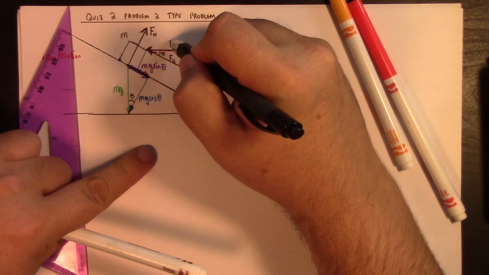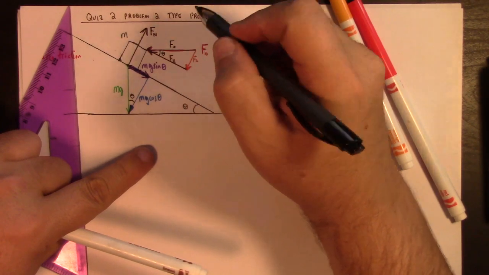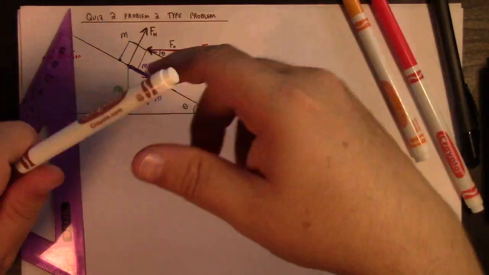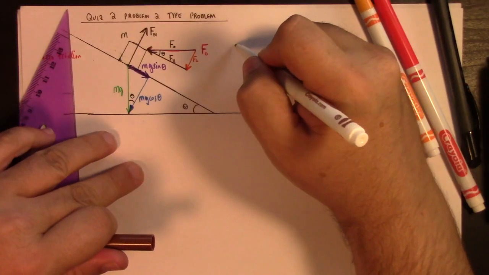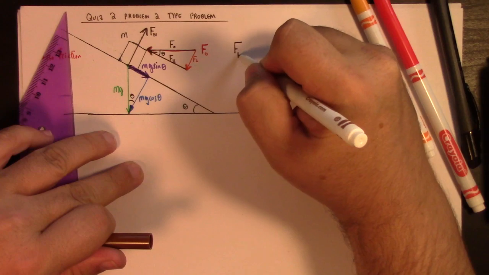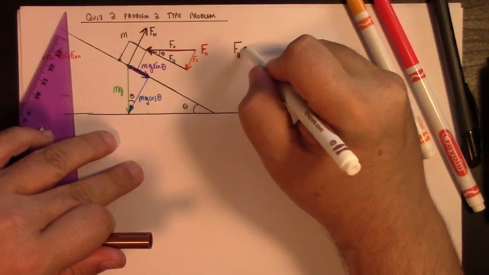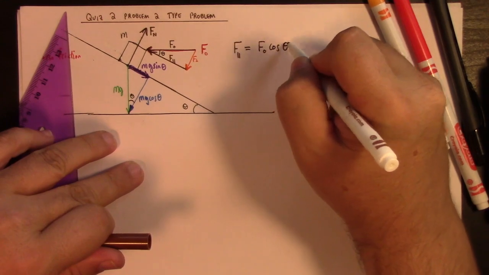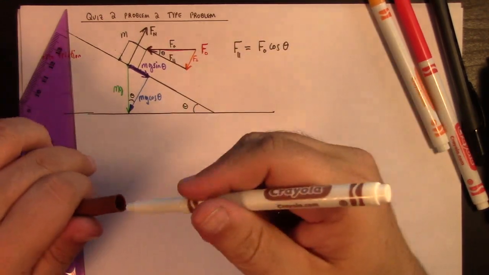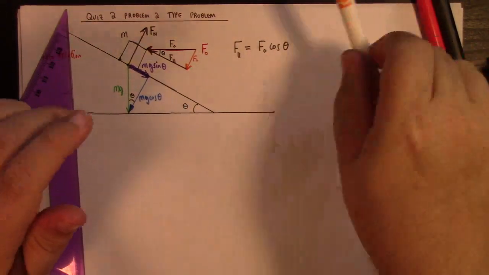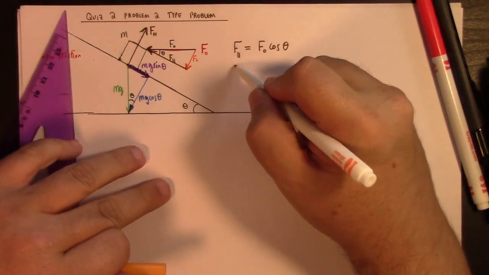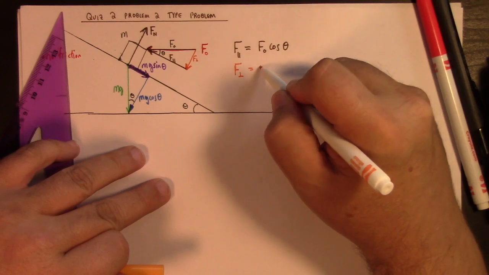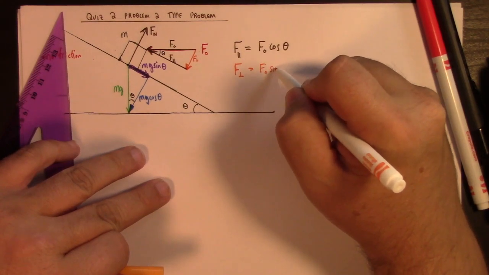So F naught is the length of this little right triangle, and so we can see from that triangle that the parallel piece is given by F naught cosine theta, and the perpendicular piece, I am now a slave to my color coding, F perpendicular is F naught sine theta.